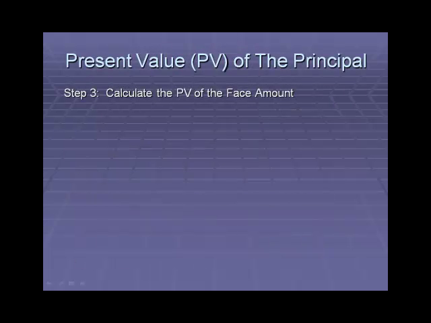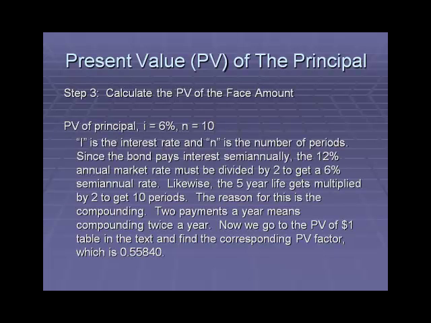The next thing we need to do is calculate the present value of the principal. To calculate the present value of the principal, we need to go to a table that's in the textbook for the interest rate, which we call little i, and the n, or number of periods.